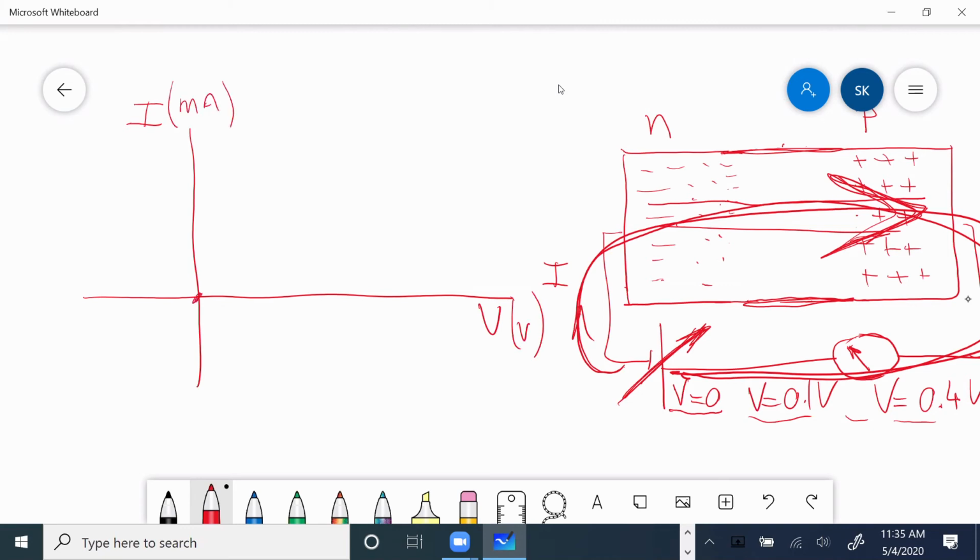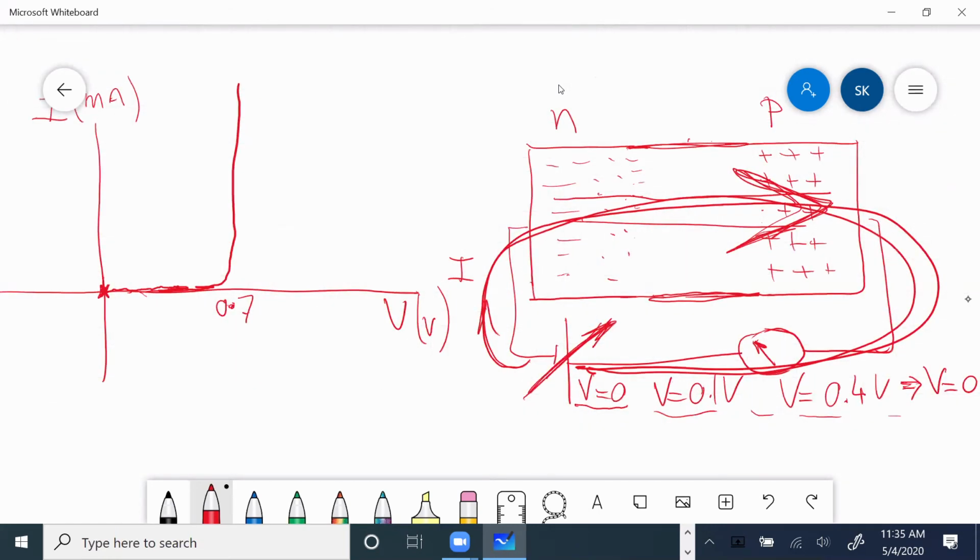When I applied 0 volt, there was 0 current. Then I applied 0.1, 0.2, 0.3, 0.4. I got no measurable current. Then as soon as I reached 0.7, I suddenly saw current. That is 0.7.